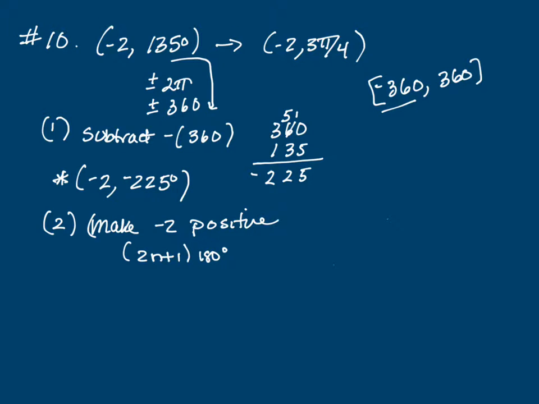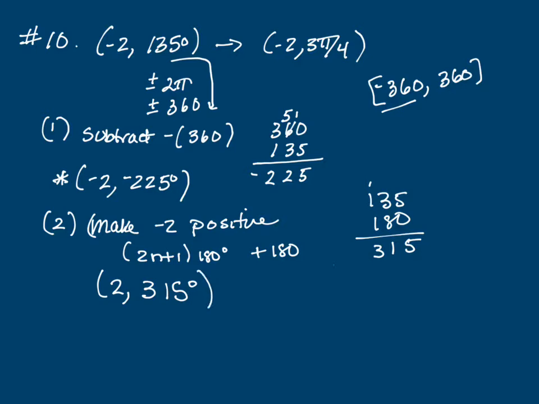So you're going to add 180 degrees. So it would be +2, and then over here 135 plus 180 degrees, so 315. So I'm in the range, so that's good. And so that's the second one.